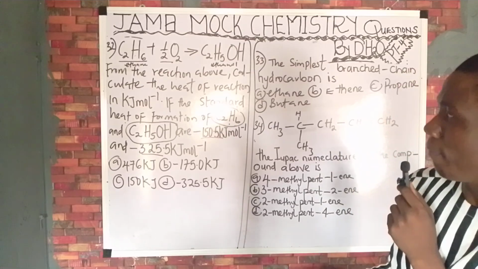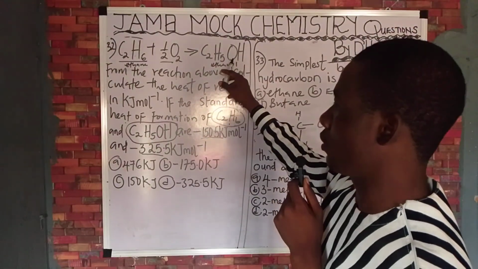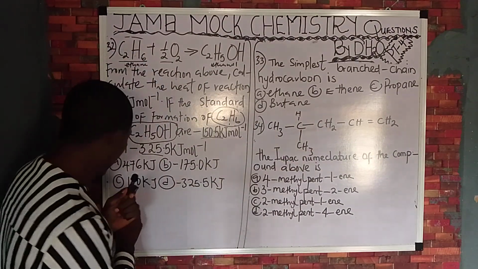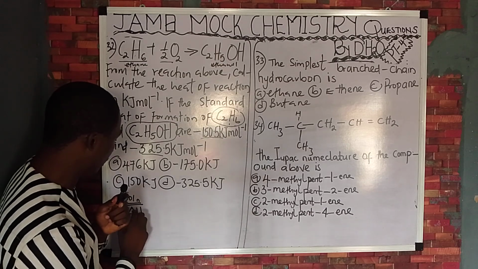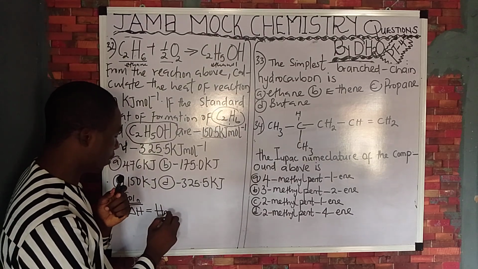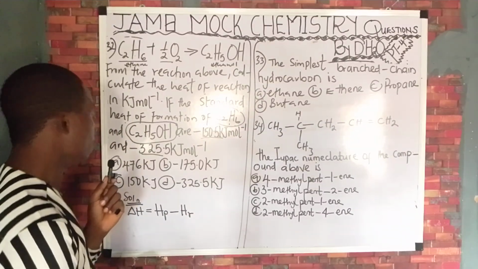It's very easy. Remember that this is your reactant, while this is your product. And the enthalpy change is the sum of the heat content of the product minus the sum of the heat content of the reactant.